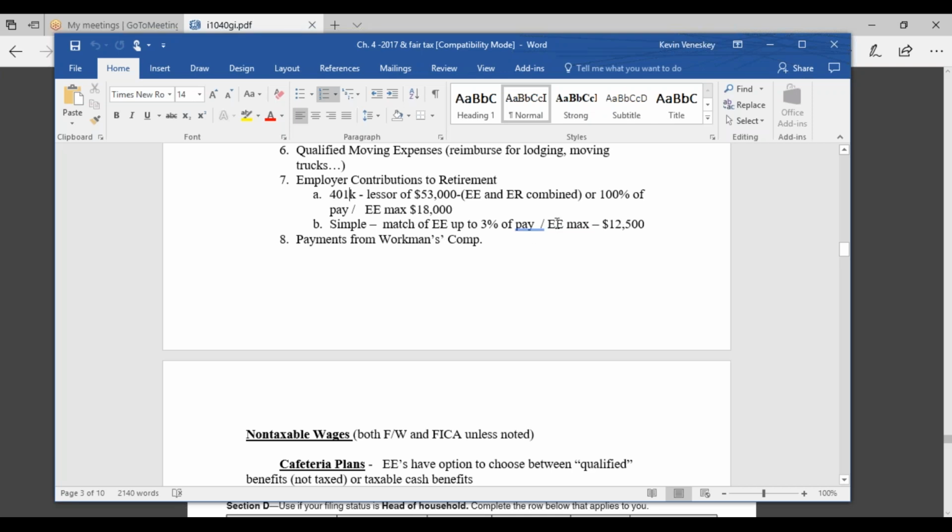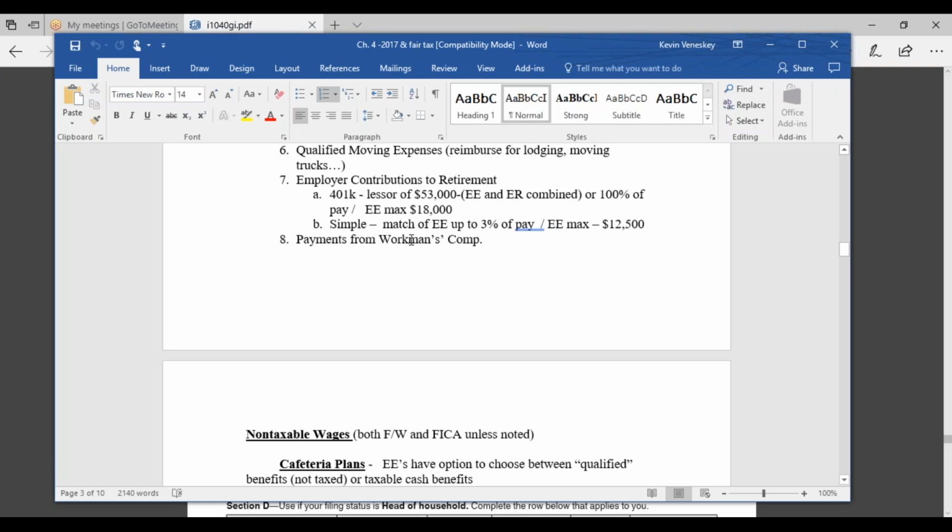So they do lower the employee max, how much you can put in. Instead of 18,000, you can only put up to 12,500. And with a simple plan, the employers must match the employee up to 3%. So if the employee puts in 3%, the employer has to match it. If the employee puts in 10%, the employer has to put in at least up to 3%.